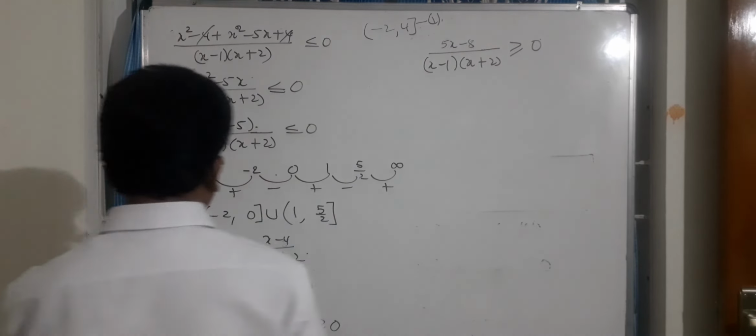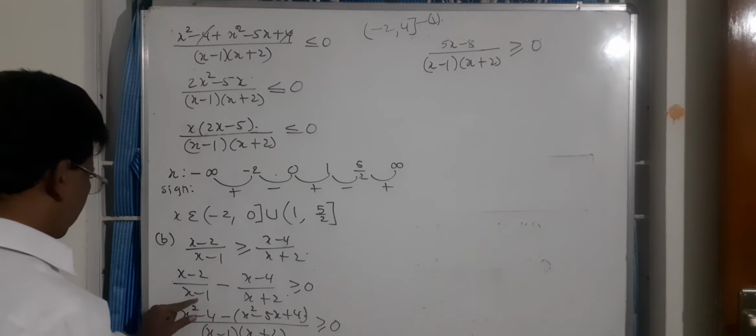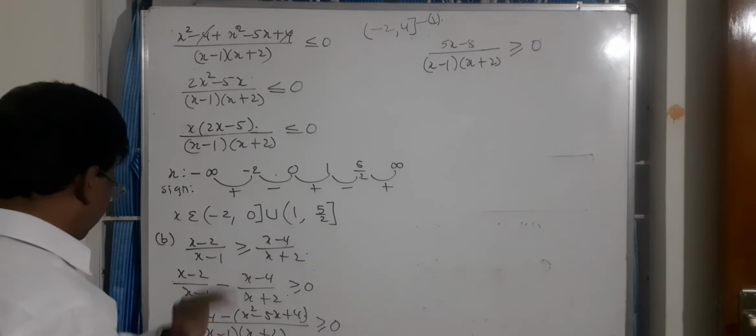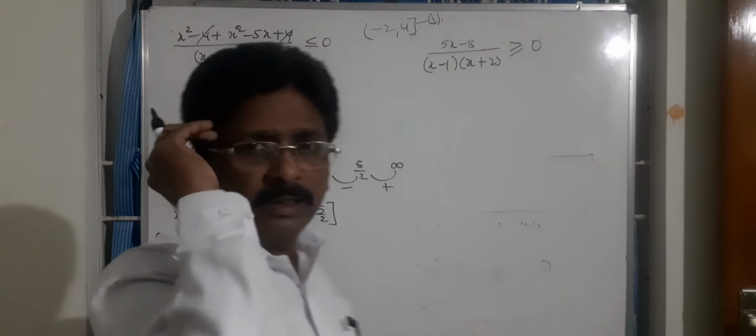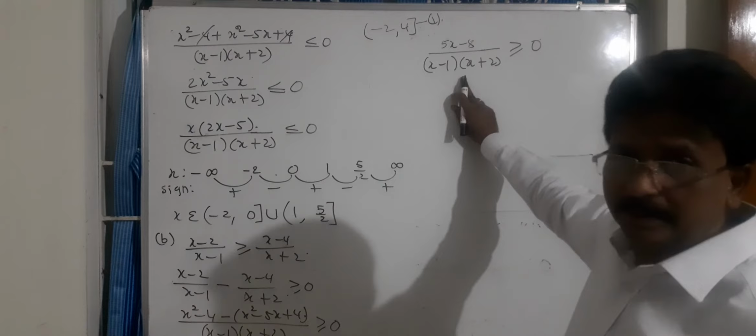Okay, x square cancelled, minus 4 minus 8, and here x minus 1, x minus 4, this is minus 5x plus 4, okay, correct. Now here we got the three factors.